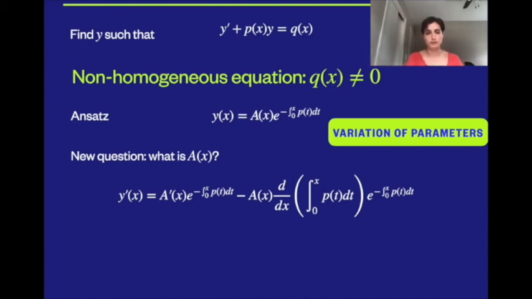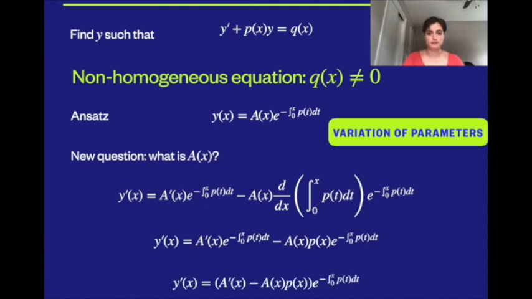We're taking the derivative of the first part, and then the derivative of the second part, a(x) times d/dx of the integral 0 to x p(t) dt, and the same exponent as before. Now by the fundamental theorem of calculus, the derivative and the integral over x cancel out. So we have this equation here.